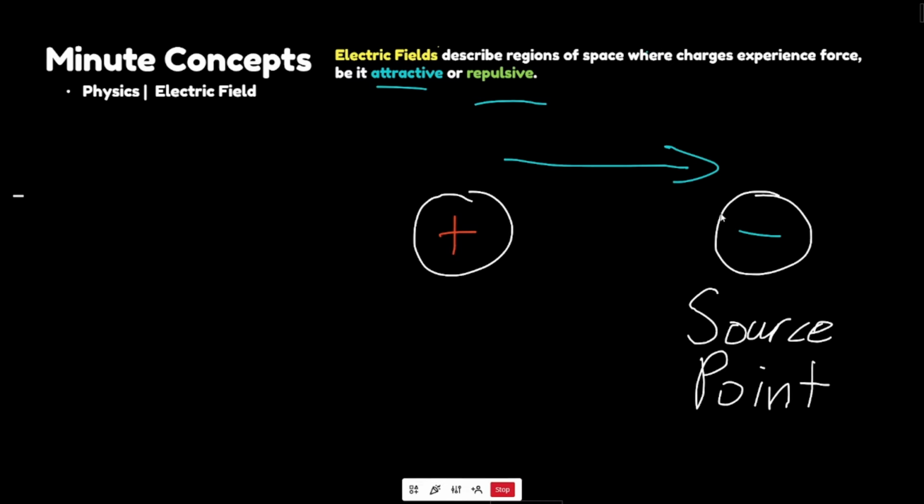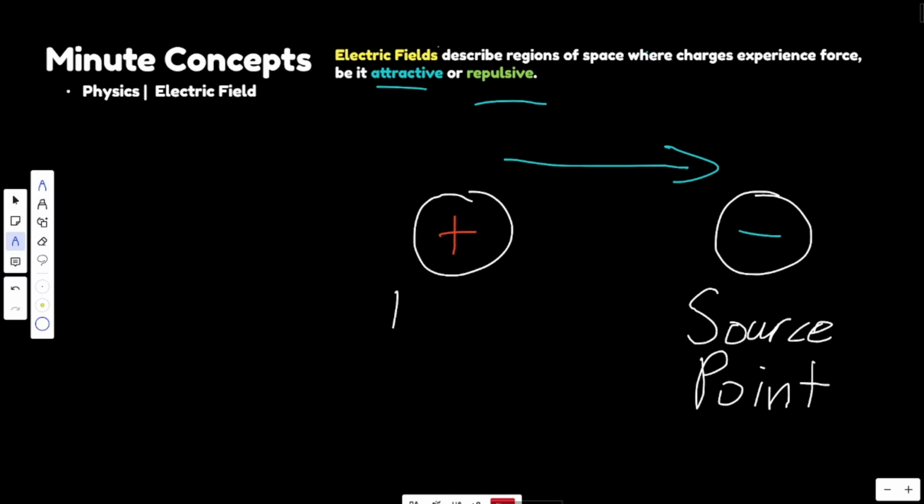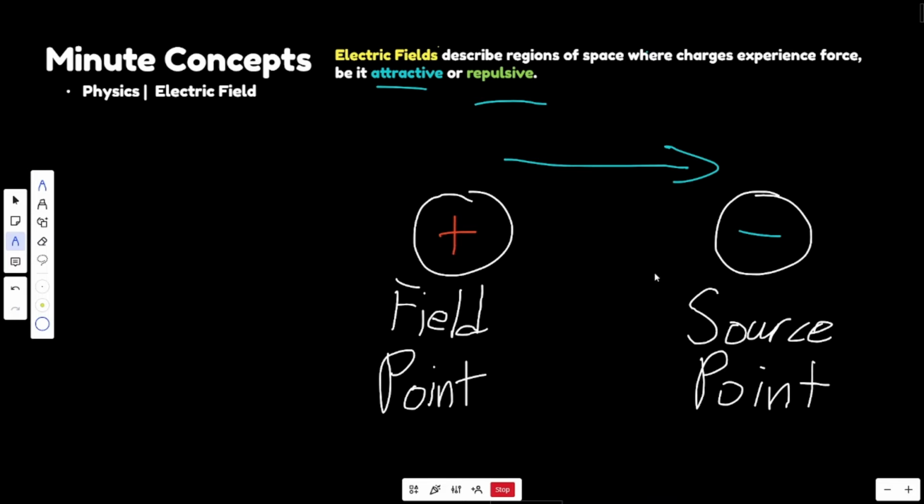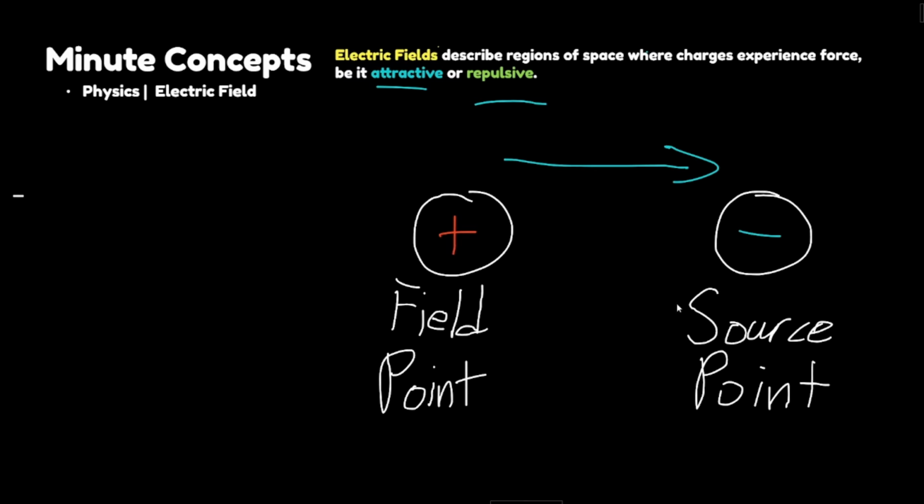This is what emits the electric field. Now we have to determine it using another charge, which can be a test charge or another existing charge. And this is what we call our field point. Field point.